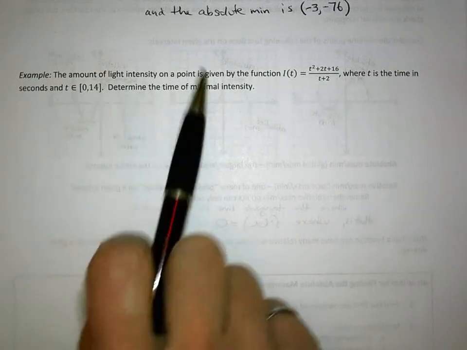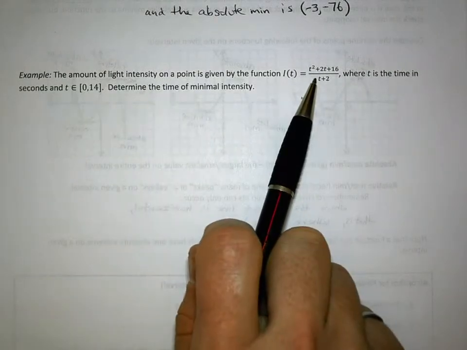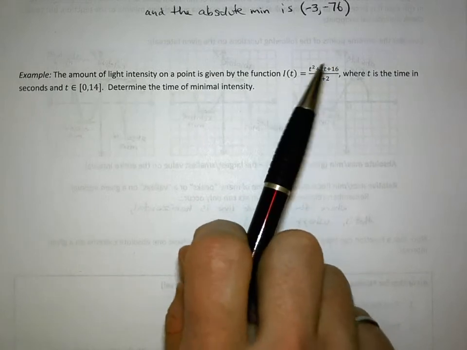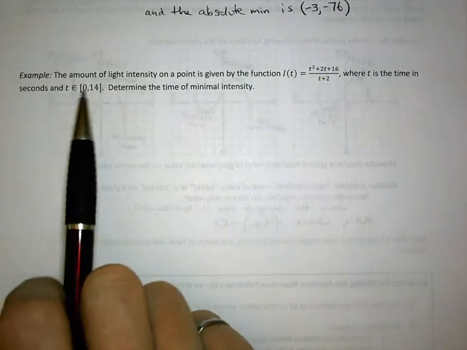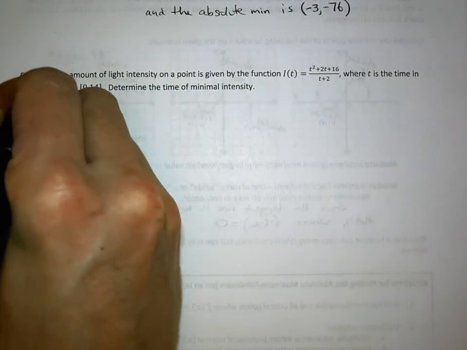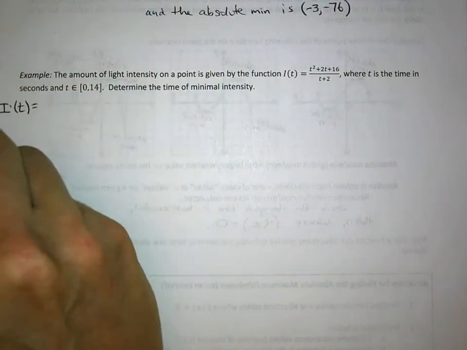When we read this question, we're being asked to find the minimal intensity. So I want to find the min point of this function, which would mean I have to find the derivative and set it equal to 0. But because there's an interval, I also have to check the endpoints. So let's find the derivative. And you betcha, you have to use the quotient rule, our least favorite thing.